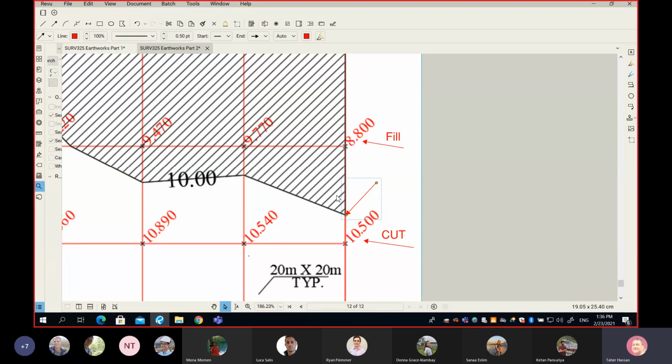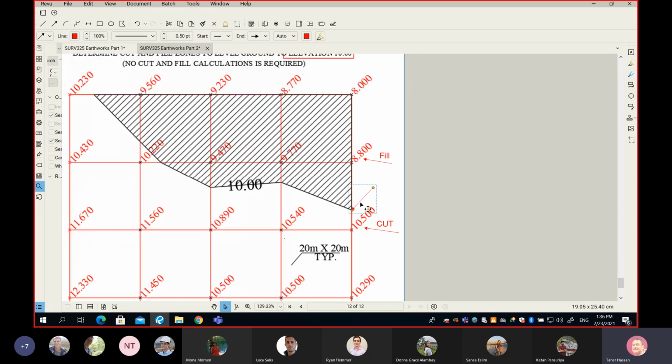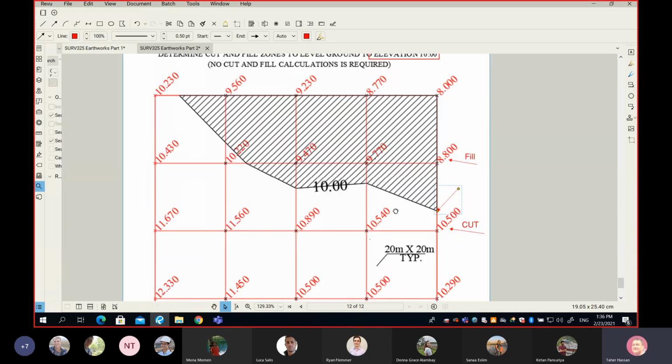Because 10 is my grading elevation. I find where the existing ground has the same elevation, so it means no cut, no fill. And what is this point? It's a point on contour line 10, because contour line 10 is a line connecting all the points of the same elevation 10. Do you agree?